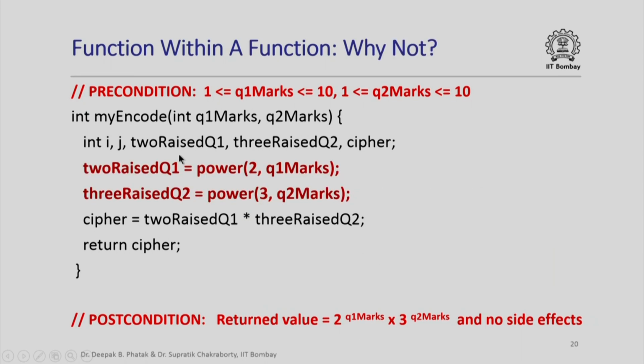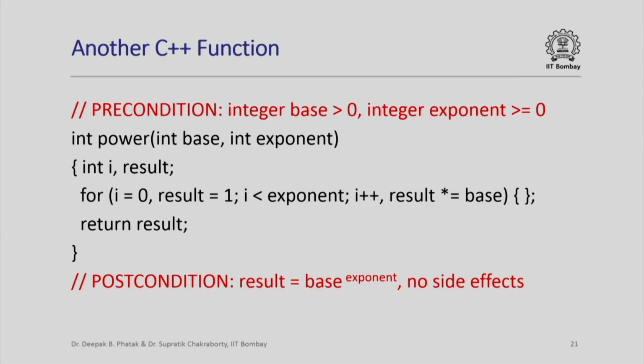Well, if I did that, then my implementation of myencode would look something like this. I would say 2 raised to q1 is 2 raised to q1 marks, 3 raised to q2 is 3 raised to q2 marks. The exponentiation here is happening through this power function, and then of course I need to write what this power function looks like. So this power function must take a base and an exponent.